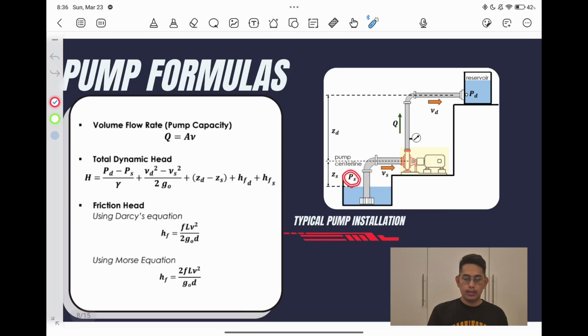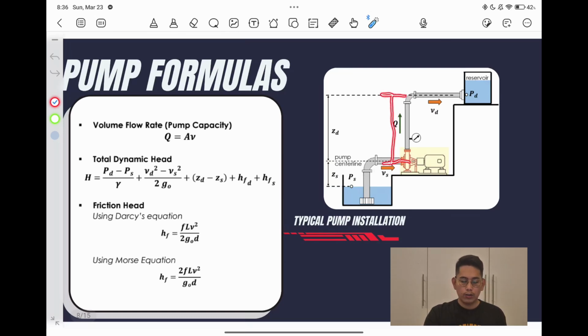So next natin is the hydraulic or water power. So the water power or WP is equal to gamma times the volume flow rate times the total head. And for our pump efficiency, it's denoted by N sub P, P for the pump. So for pump efficiency, we have water power and the brake power.